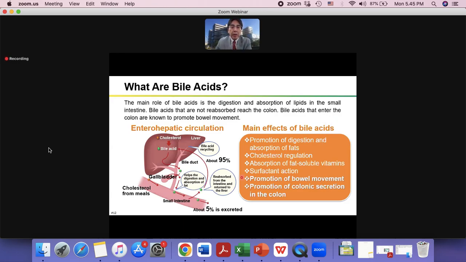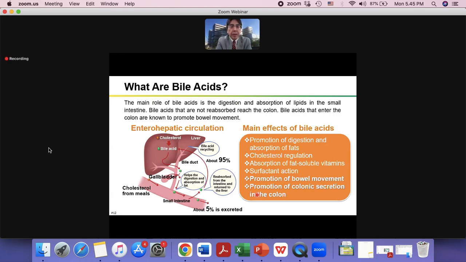And the bile acids that enter the colon are known to promote bowel movement. Bile acid has two physiological effects. One is the promotion of bowel movement. The other is the promotion of colonic secretion, water secretion in the colon, which is mediated by the bile acid receptor TGR5, which only exists in the colon.